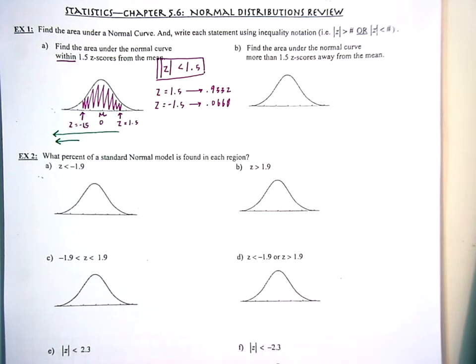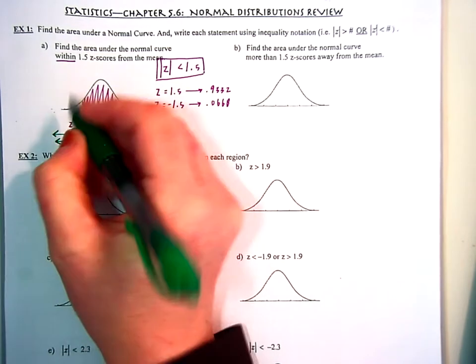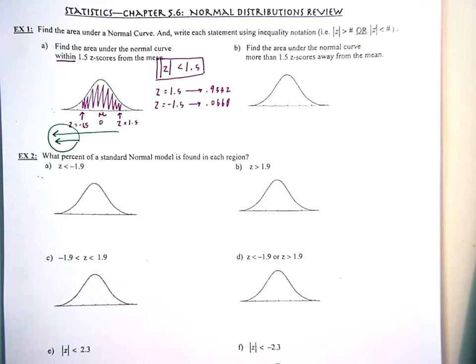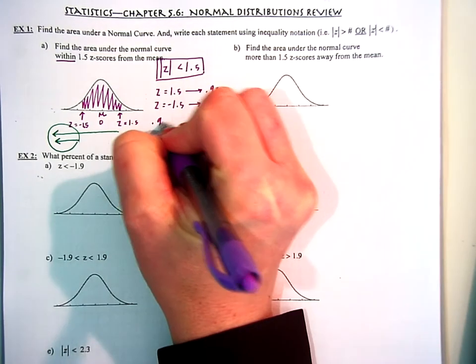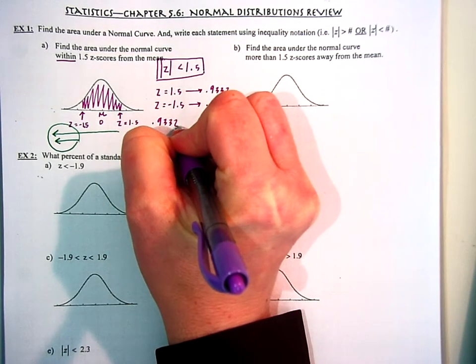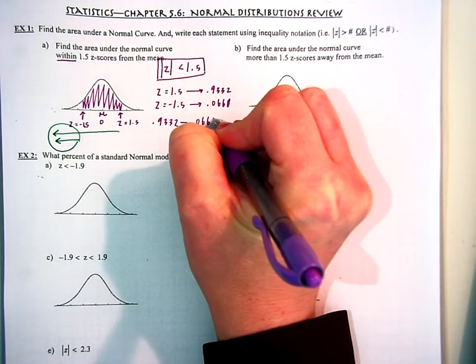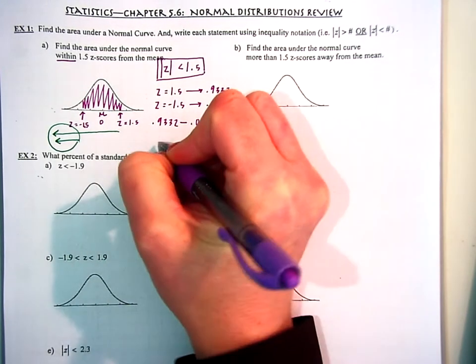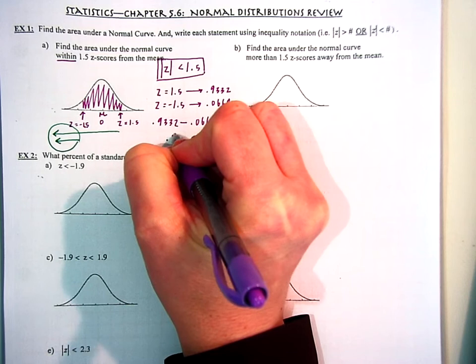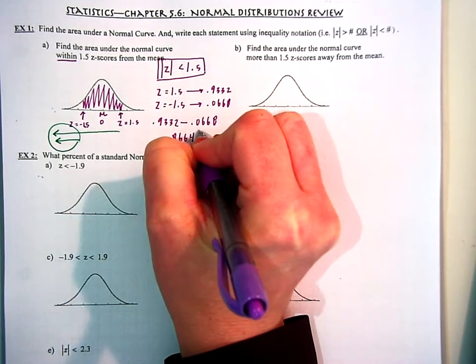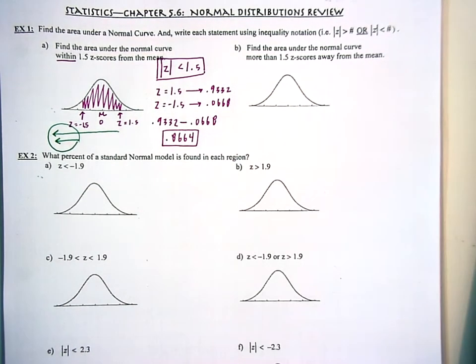So to get that region that's in between them, I really just have to take that small away from the large. So I'm looking at what is 0.9332 minus 0.0668. And I end up with an area of 0.8664. I'm keeping the 4 decimal spots. I love precision.